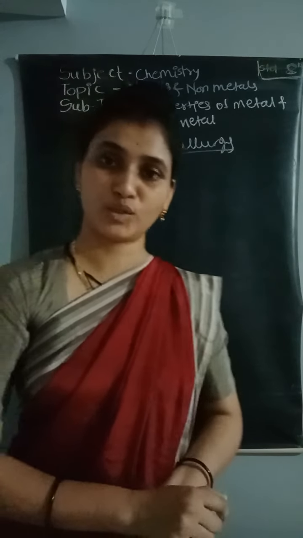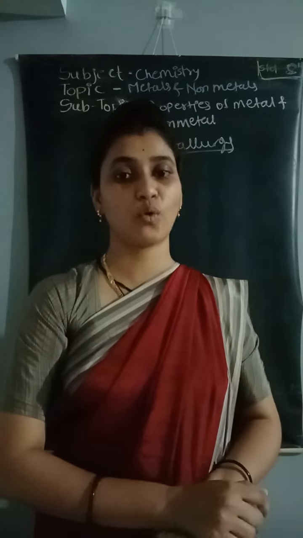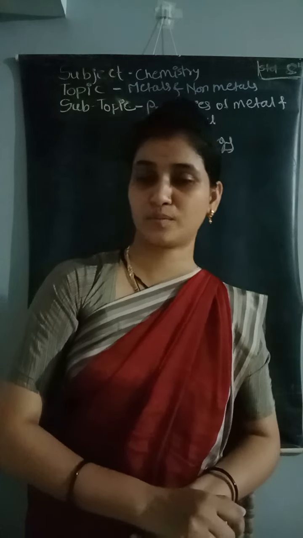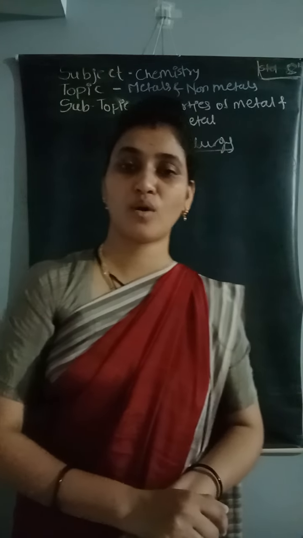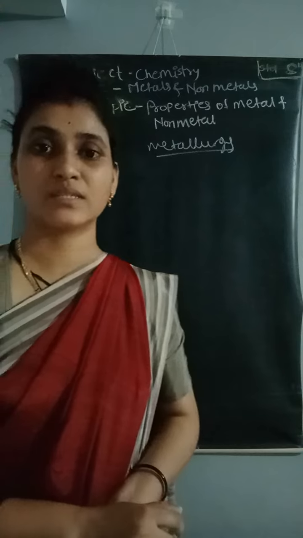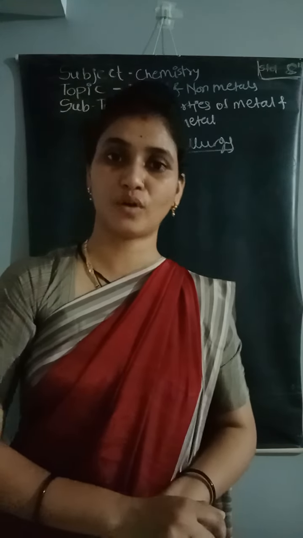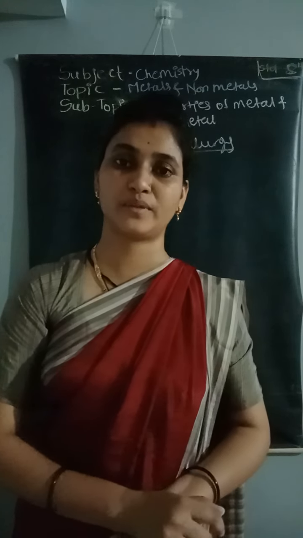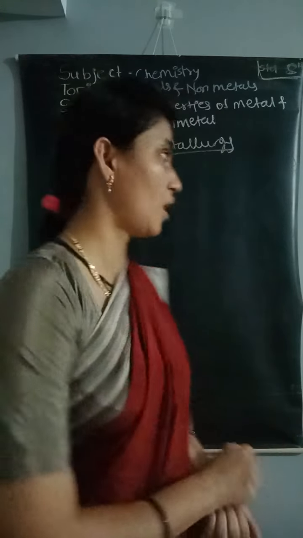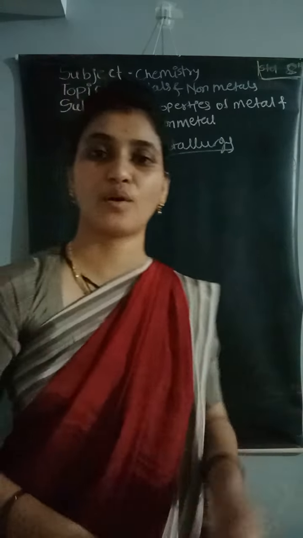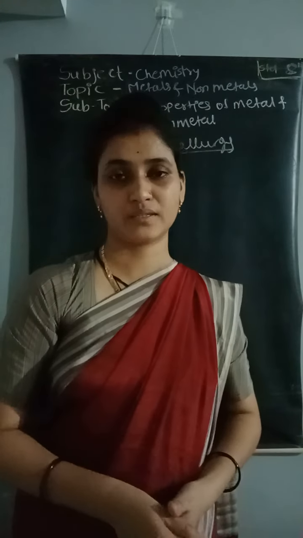After that, nitrogen is also freely present in the atmosphere. Then we saw about silicon, sulfur, phosphorus, and noble gases. You all know the noble gases are elementary gases which are present in the form of gases. So now we will go to the properties of metals and non-metals.